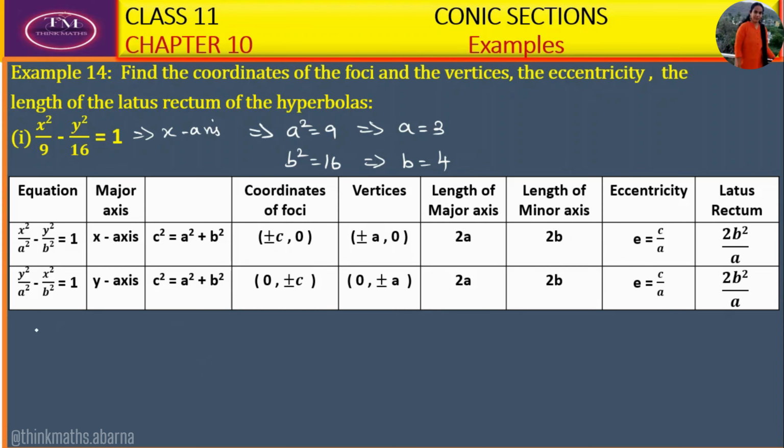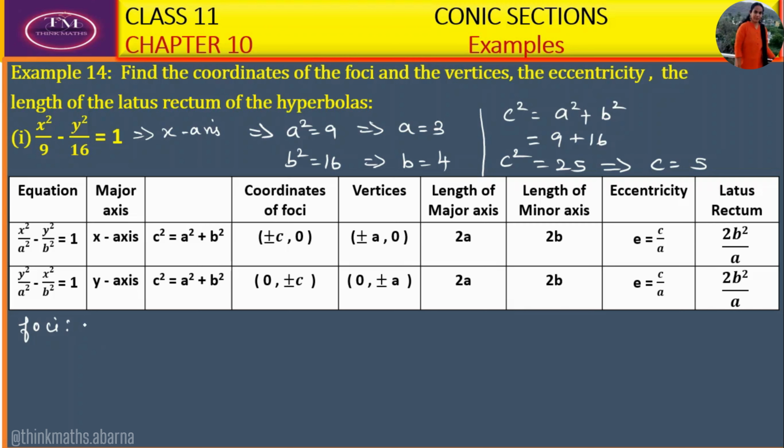Now we have to find the foci, vertices, eccentricity. As in the previous problem, we have to find the value of c square. So c square is a square plus b square. a square is 9, b square is 16, which is equal to 25. So c square equal to 25 means c is equal to 5. So we found the values of a, b and c. Now we come to find the foci.